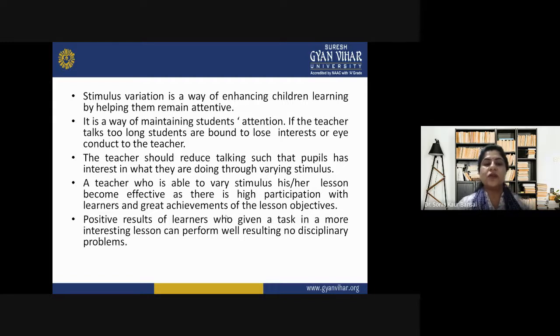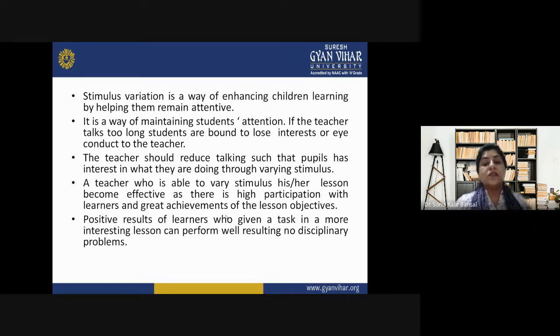If the teacher talks too long, students are bound to lose interest or eye contact with the teacher. So it is very important when the teacher is teaching in the classroom that the teacher must enhance the students' learning, and it is only possible through very small stimuli in the classroom. The teacher should reduce talking so that students have interest in what they are doing.